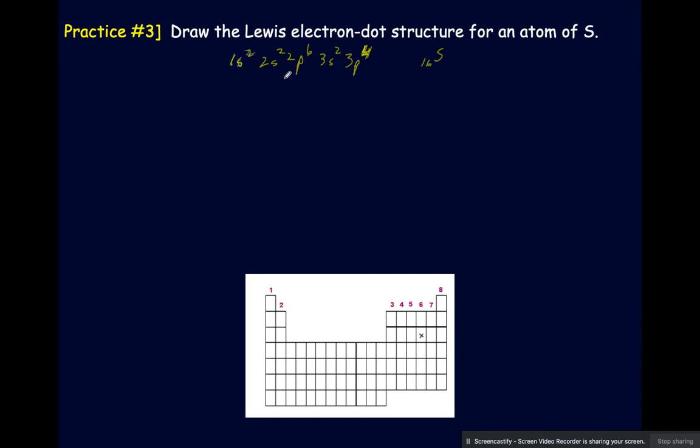Let's say we want to put this in shortcut form. We could say neon, 3s2, 3p4. Now, don't make the mistake of thinking that this is valence. It's the outermost s and p, which would be 6 valence. And again, if you wanted to double check, we can see that this is in group 16, which is here. So it's 6 valence.